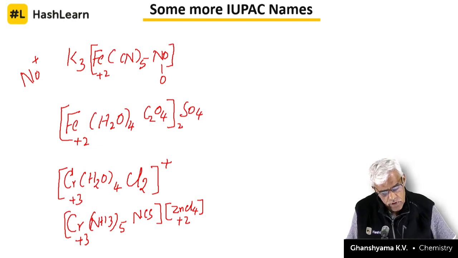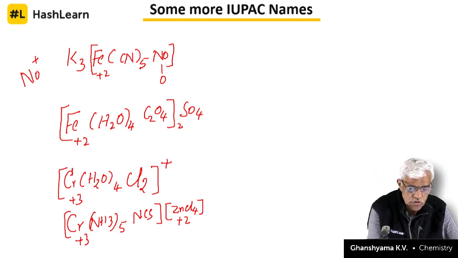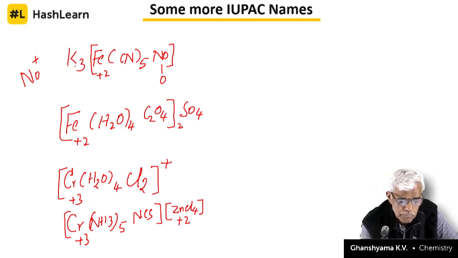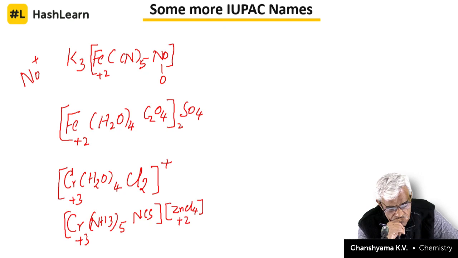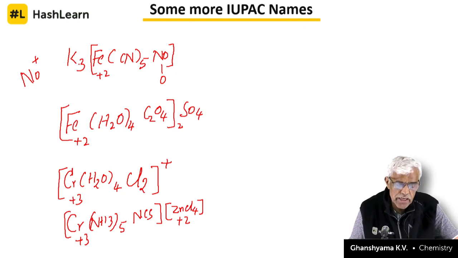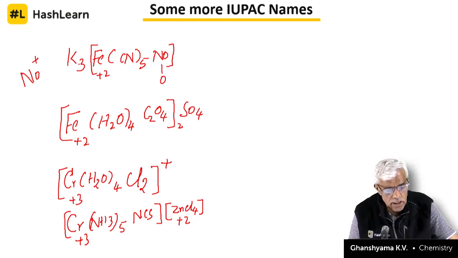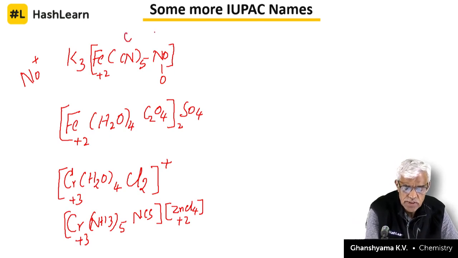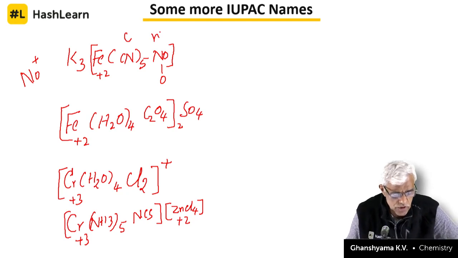Therefore, the IUPAC name of this compound is potassium pentacyanide nitrosyl ferrate 2. I repeat, potassium pentacyanide nitrosyl ferrate 2. Cyanide C should come first, nitrosyl N should come later.